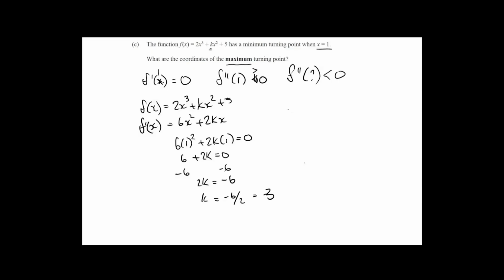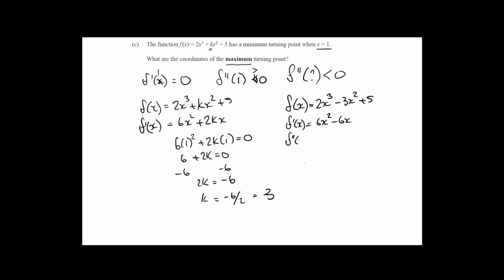So our full equation, when we get rid of this k business, is going to be 2x cubed minus 3x squared plus 5. And now if we differentiate that one time, we're going to get 6x squared minus 6x, and then the 5 is going to disappear.